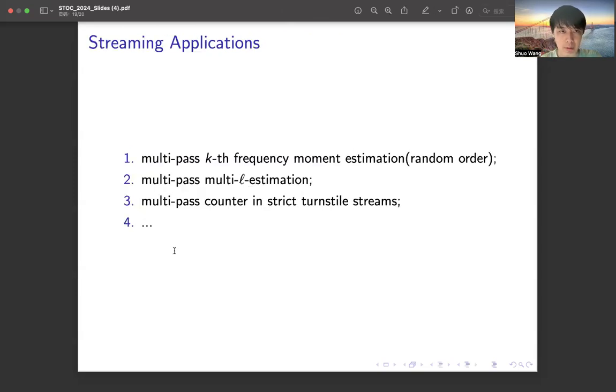And at the end, I want to show that our two results for the coin problem and the needle problem have a lot of applications in streaming algorithms.